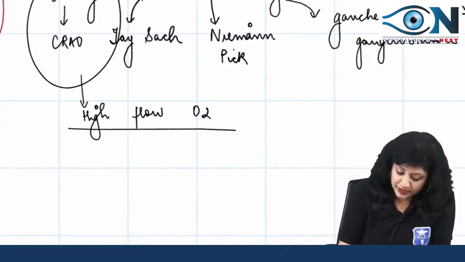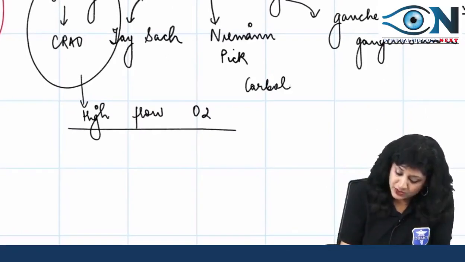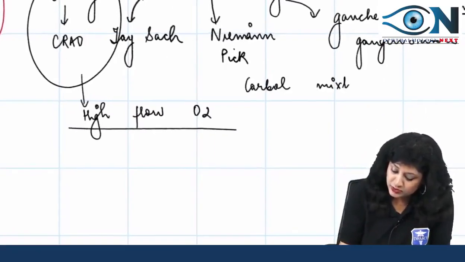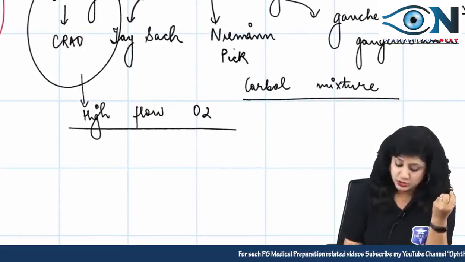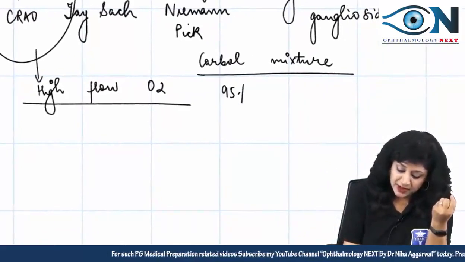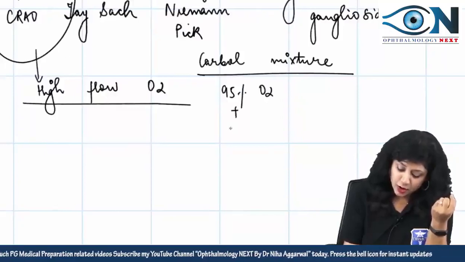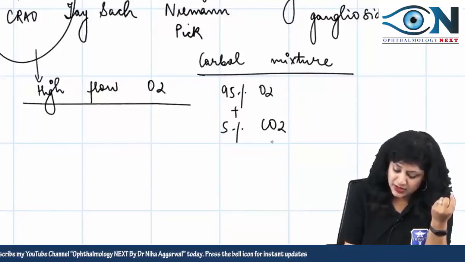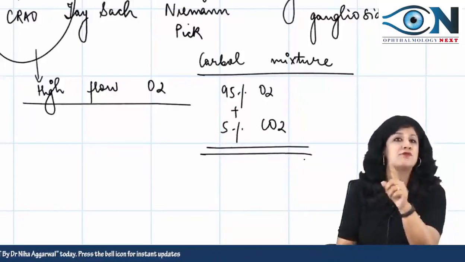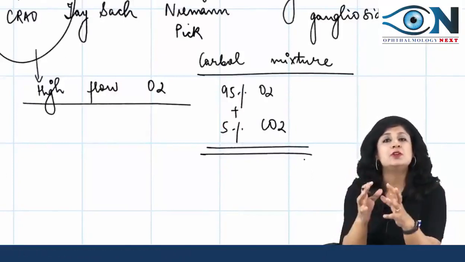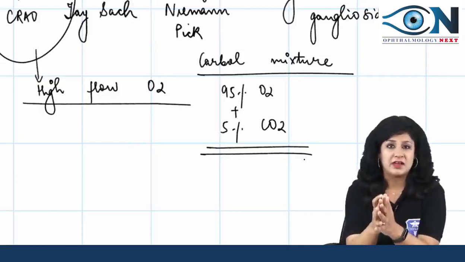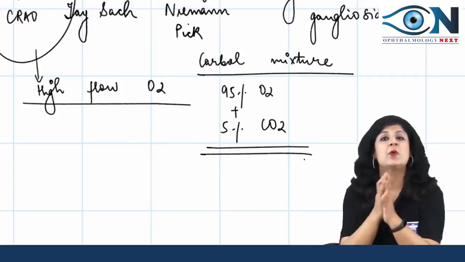This is called the carbogen mixture, high flow oxygen, in order to cause vasodilatation. So this will be 95% oxygen along with 5% CO2. Again, an important question, why do I want to give 5% CO2? I want to give this 5% CO2 in order to maintain the respiratory drive. Otherwise, the respiratory center will go into depression.